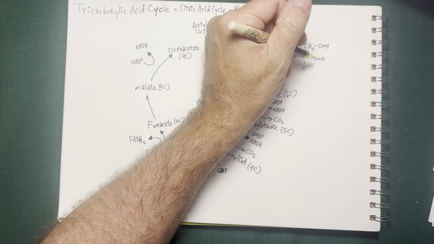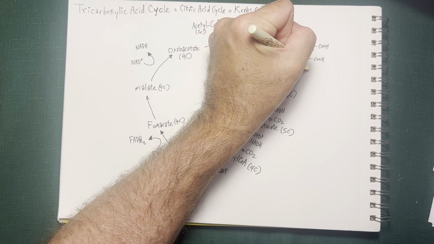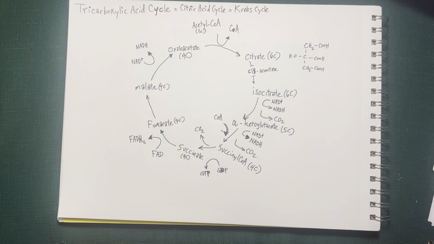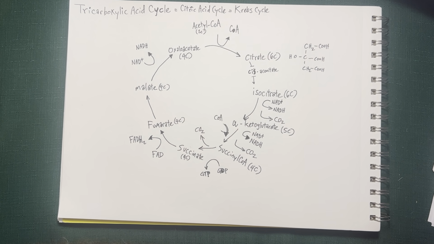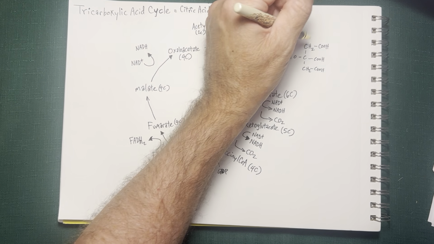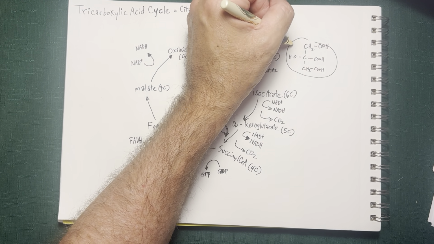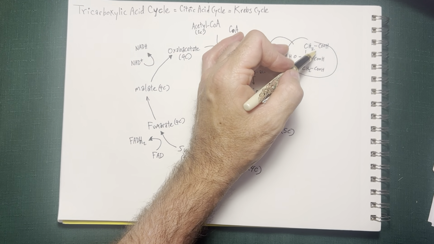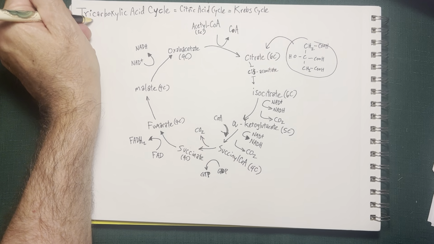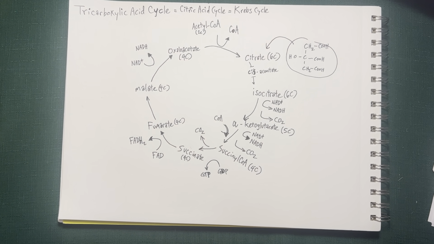There's a second carboxyl functional group. 3 carboxyl functional groups. So I've drawn this as citric acid. So there's your 3 carboxyl groups, which is why it's the tricarboxylic acid cycle.